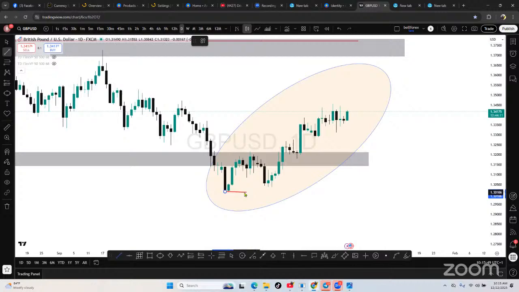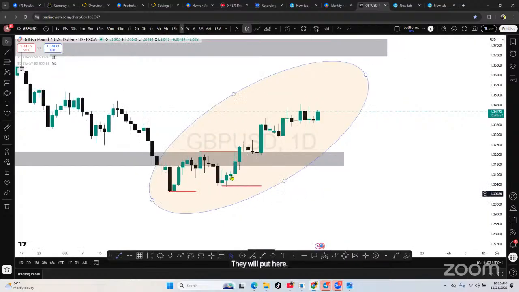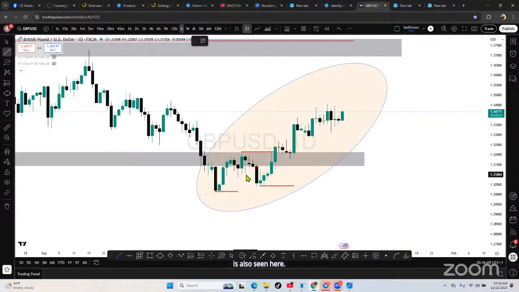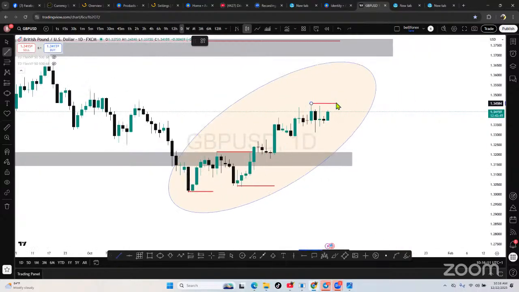This price level started from here. It moved to this level here. Then we put here. That very similar thing on EU is also seen here. That very thing we saw on EU is also seen here.